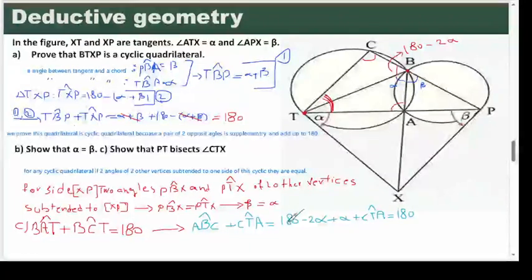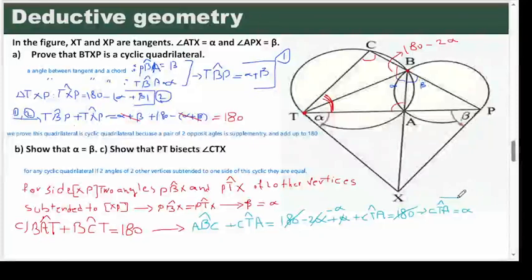I can cancel out this 180 and 180, they undo each other, because if I bring 180 to the right side it becomes negative 180, and here I have alpha plus negative 2 alpha, which gives me negative alpha. Now I bring negative alpha to the right side, so the angle CTA equals alpha.